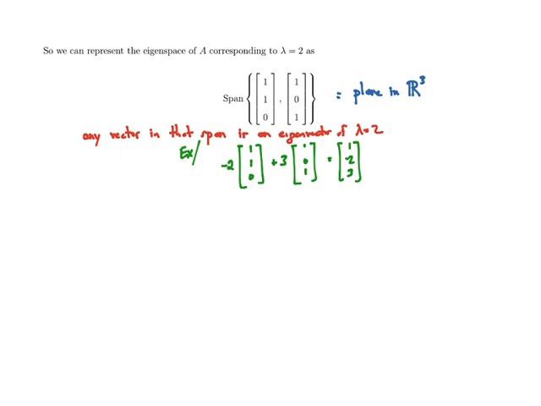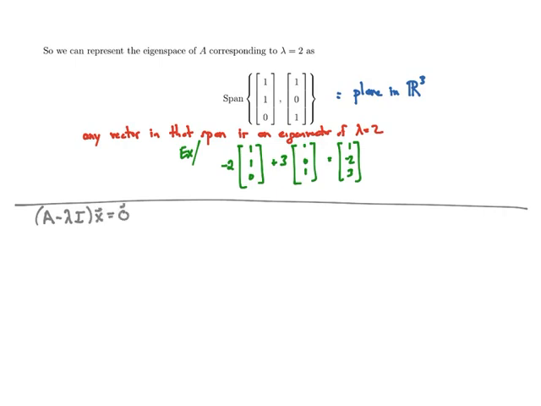I want to take a quick second here and talk about A minus lambda I times x equal to 0. That's what I'm trying to solve. If lambda is an eigenvalue, then this means that there are non-trivial solutions to this system.